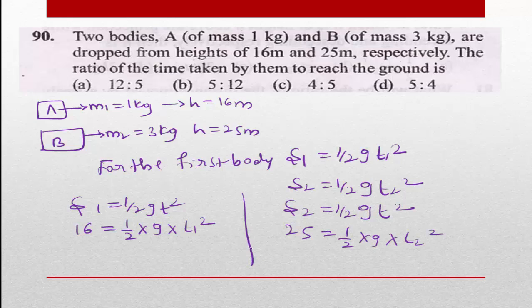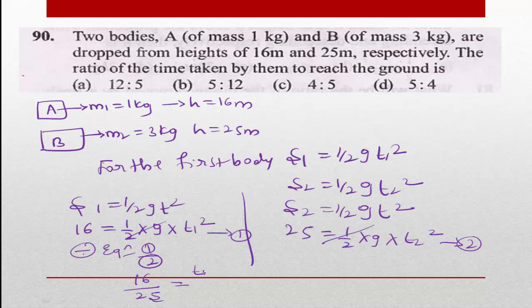This is equation number 1 and this is equation number 2. Dividing equation 1 by equation 2, that is 16 divided by 25, the 1 by 2 g cancel.